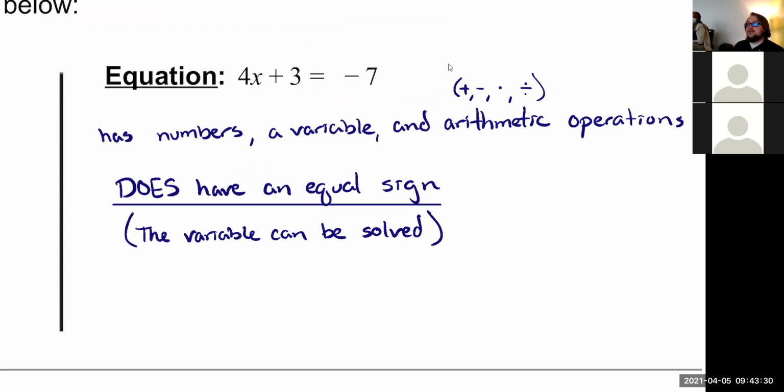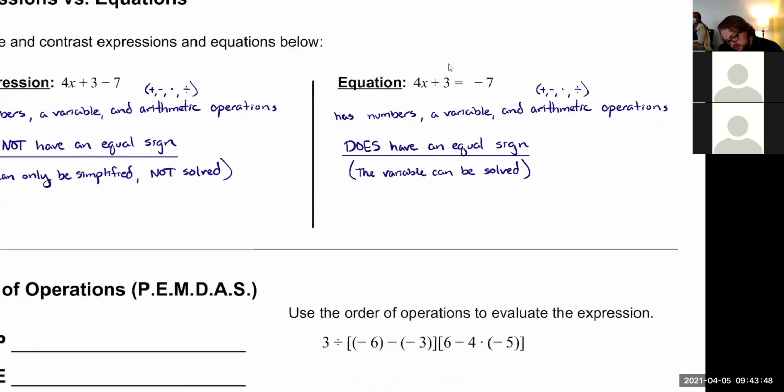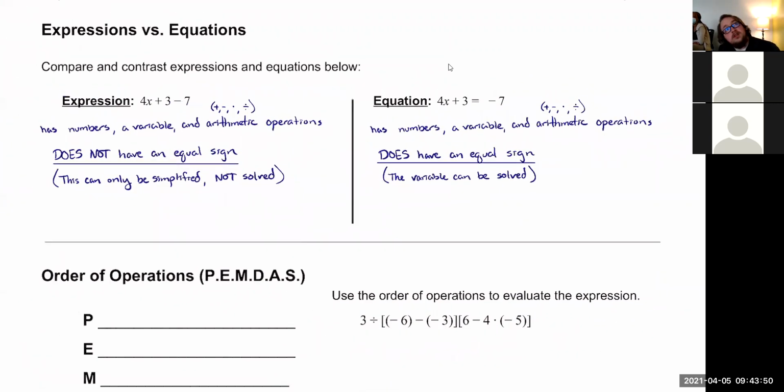Meaning that through a couple maneuvers, we can figure out exactly what that missing value is for that variable. The only value that would make this equation true, meaning that the left side does in fact end up equaling the right side. If you ever need me to zoom back in, don't hesitate to let me know.